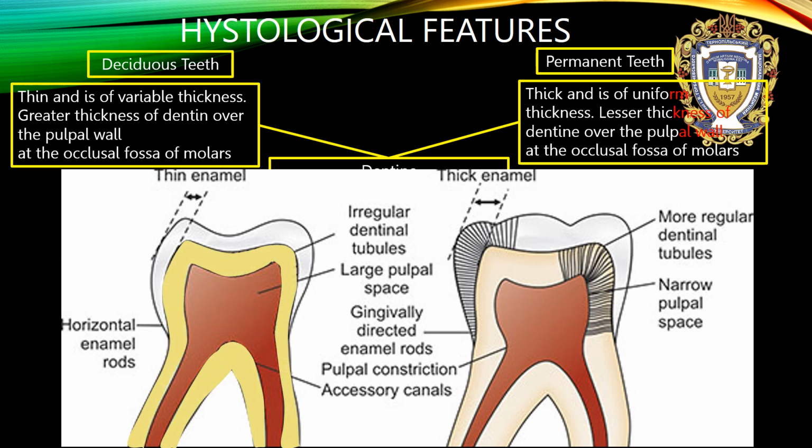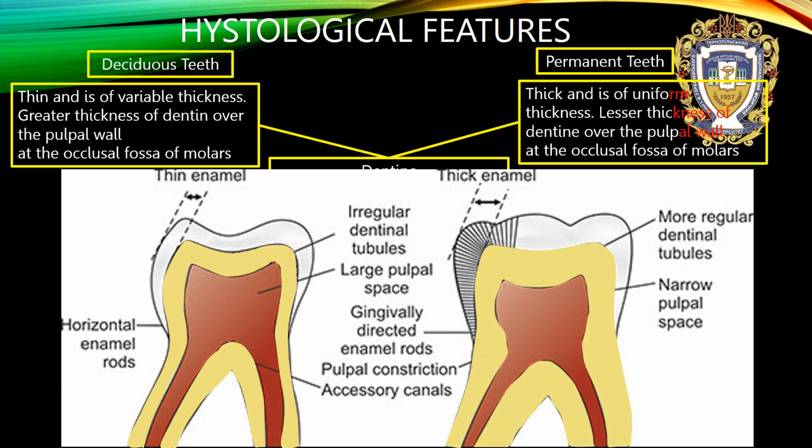Schematically, dentine in temporary teeth is thick and of variable thickness. Instead, in permanent teeth, dentine is thick and of uniform thickness.